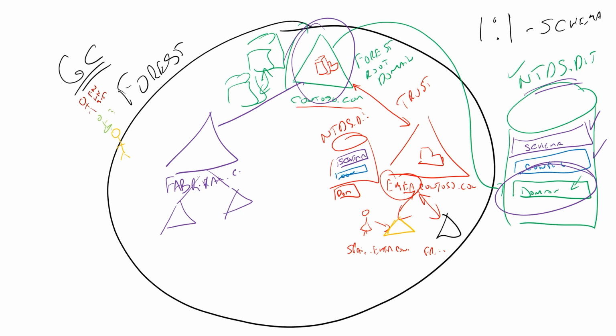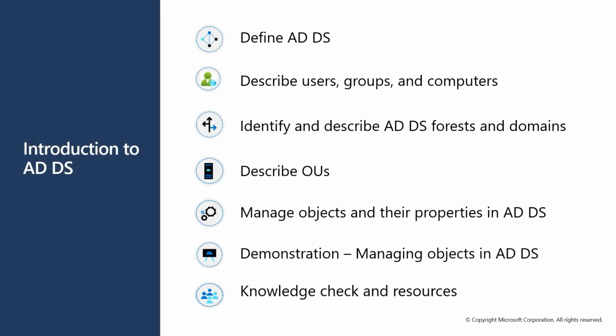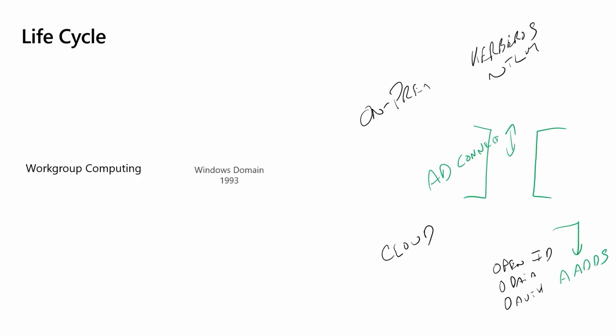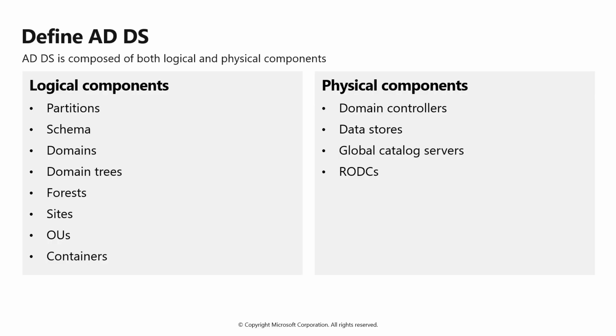So all of these terms of units of replication, units of security boundaries, trust relationships are core to what we need to have from a discussion about Active Directory domain services. And so you're seeing some of these terms. If you go to the learning materials, the term partitions and schemas, what are domains and domain trees?